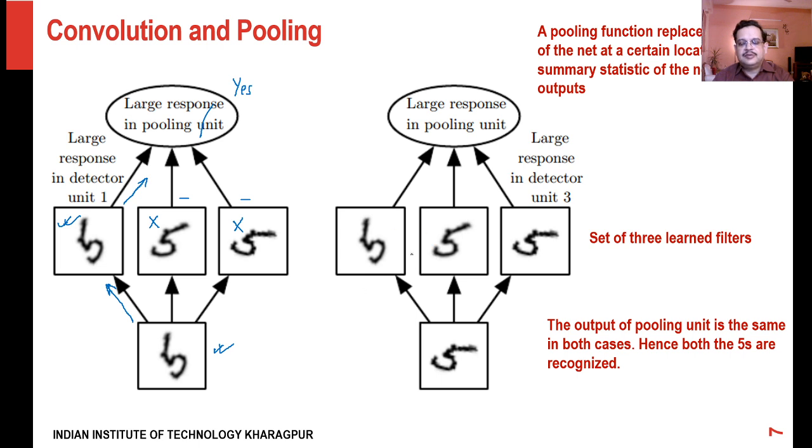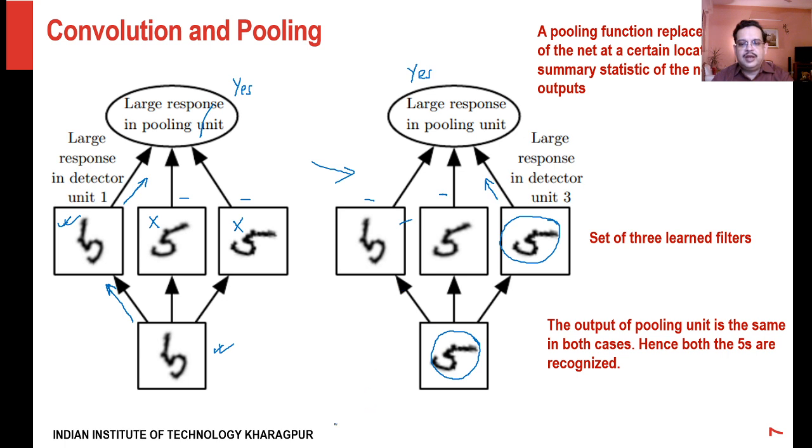And in this case, in the second one, that is the one that we see here, the 5's orientation is like this. So it is then this fellow which says that I detect a 5, so it is going to give high activation. These ones will give low activation, and in the pooling layer I will get a yes.